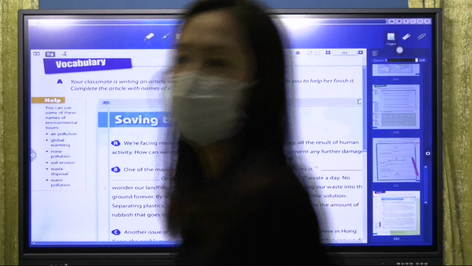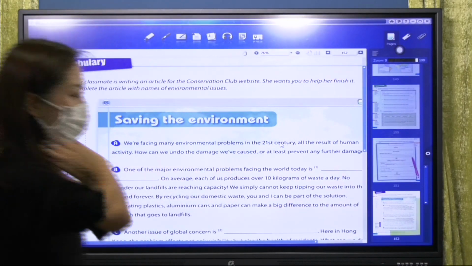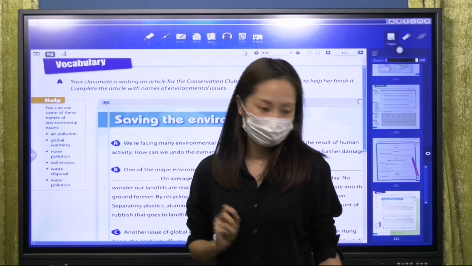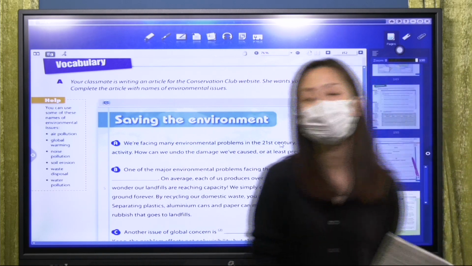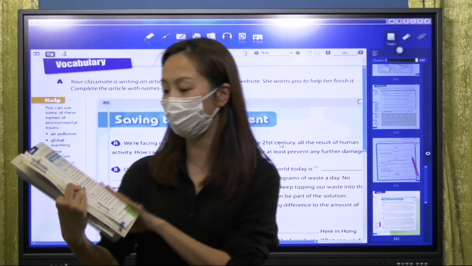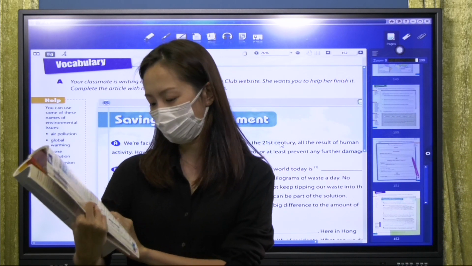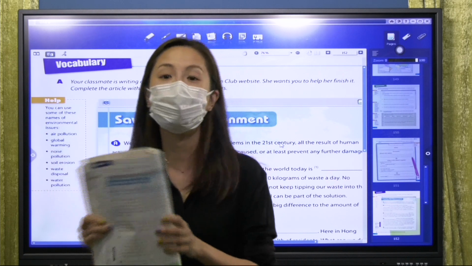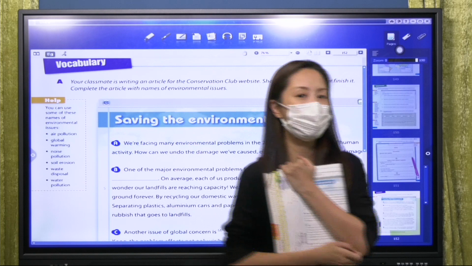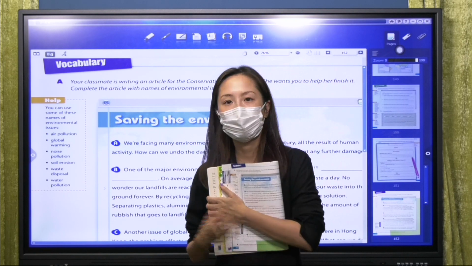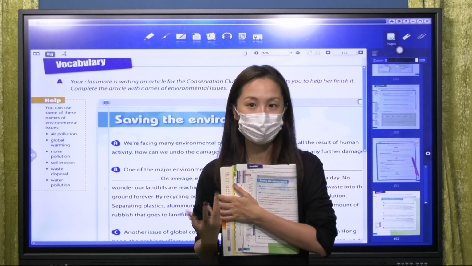Okay, so this is the vocabulary part in Unit 6. In Unit 6, we're talking about the environment for the whole unit, right? So today we're going through, actually it's only three vocabulary here, okay? Seems to be very easy, but it talks about 3 aspects in the environmental problems.